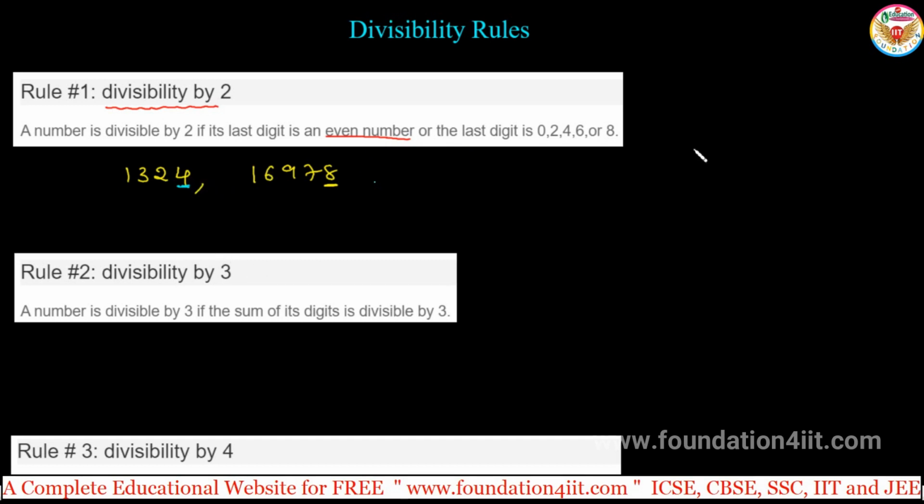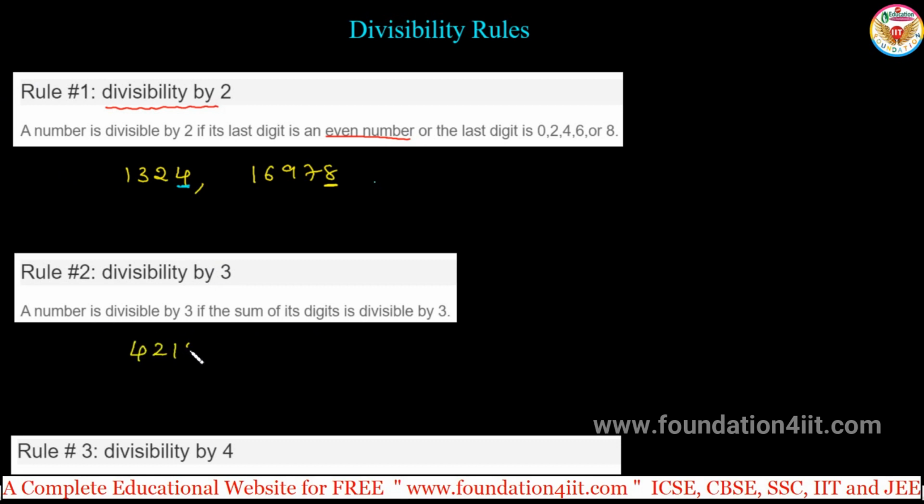Next, the divisibility rule for 3. A number is divisible by 3 if the sum of its digits is divisible by 3. Consider 4215.